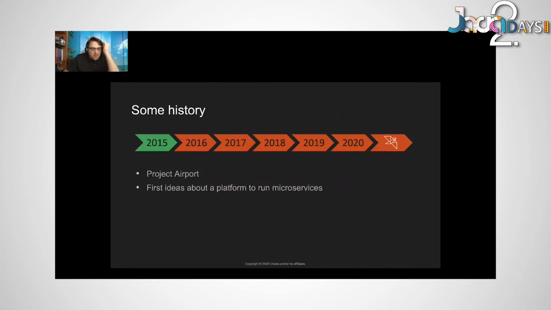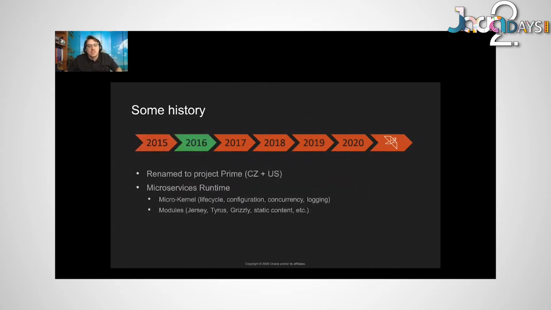So it all started in 2015, when we got this project at Oracle, just a platform to run microservices, which was in future renamed to Project Prime, which now is split into several teams, one in Czech Republic and the other one in the US.